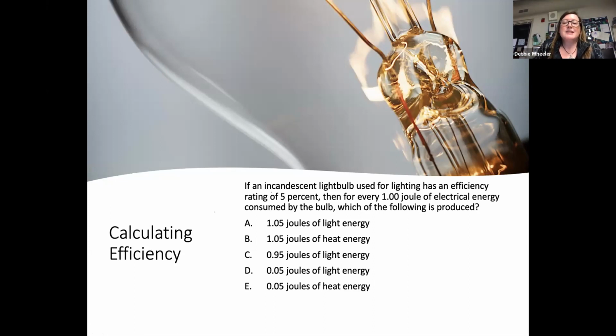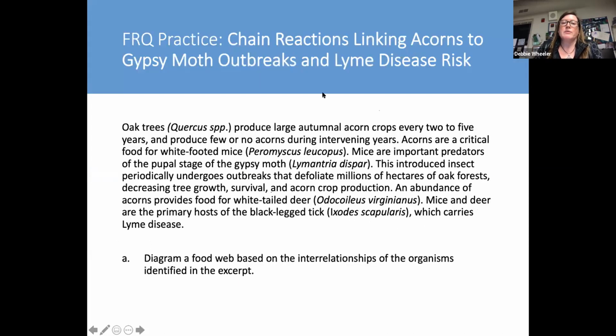So I see either C or D in there. Yeah, the best answer is D. So for every 1 joule of electrical energy consumed, it's only producing 0.05 joules of light. So it's producing 0.95 joules of heat energy, which is one of the reasons why we think of them as being very inefficient bulbs.